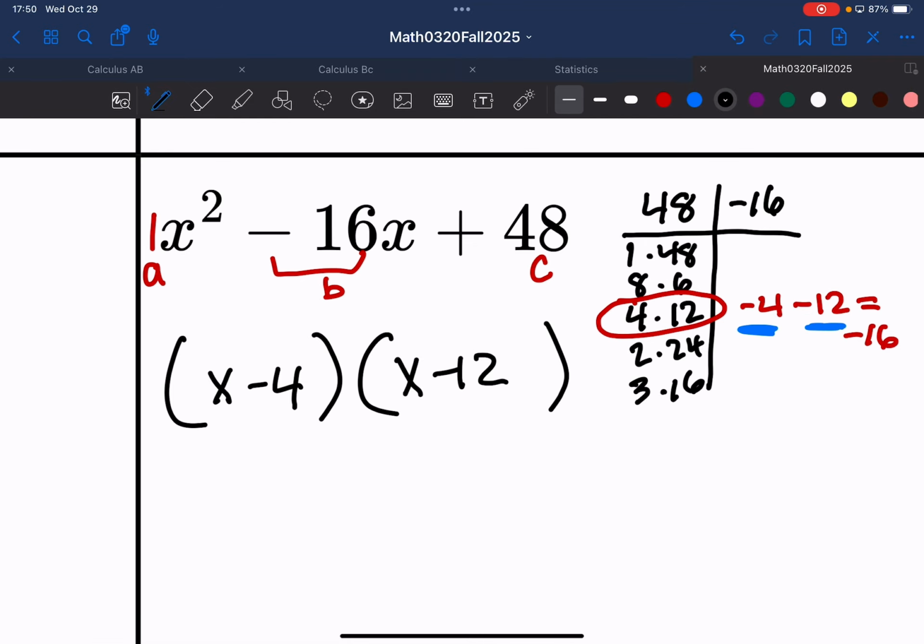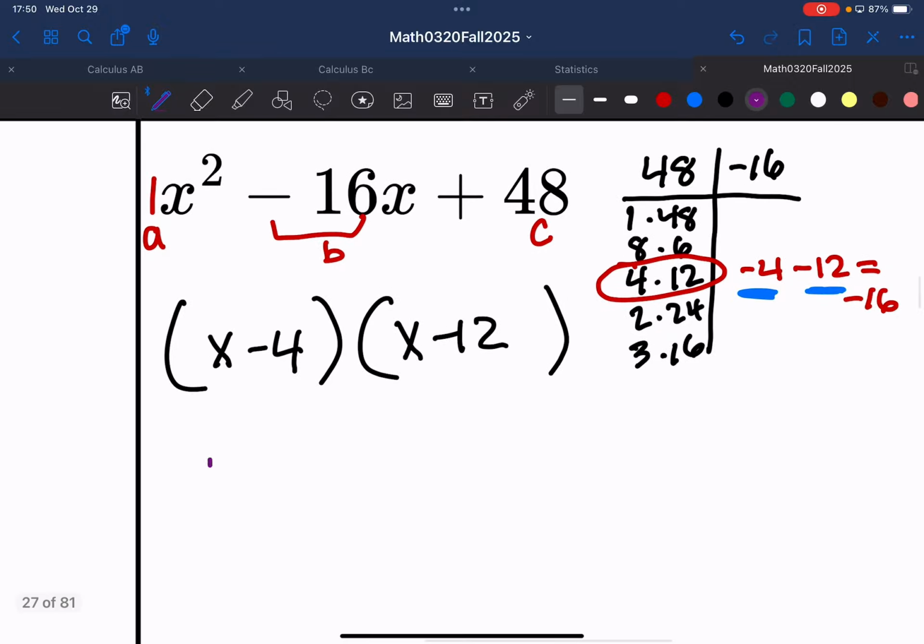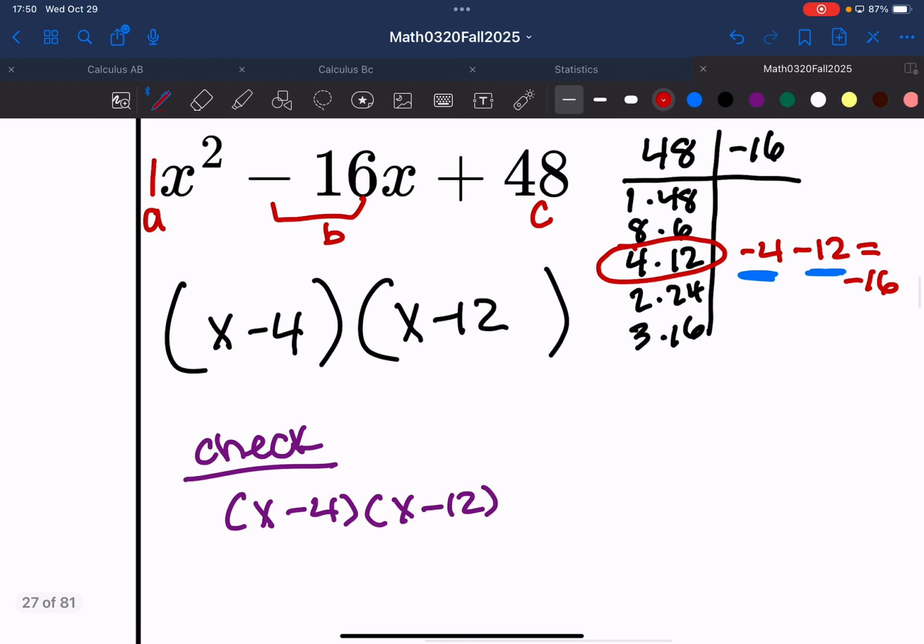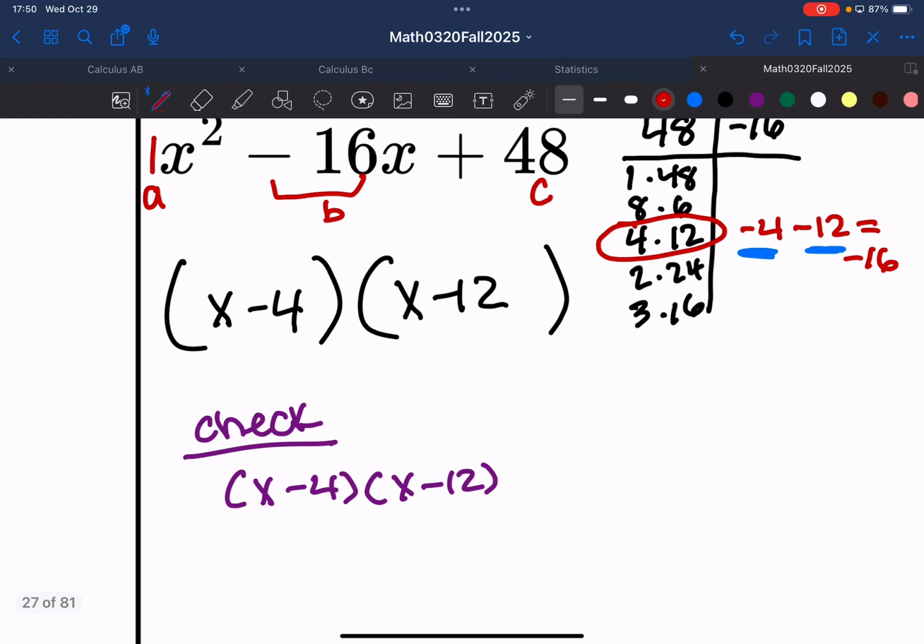Because if you FOIL them back together, so multiply them back together, they should end up with the original equation. So for this one, we're going to check our work. And so I'm taking x minus 4 times x minus 12. And has everyone heard of FOIL method? Okay.